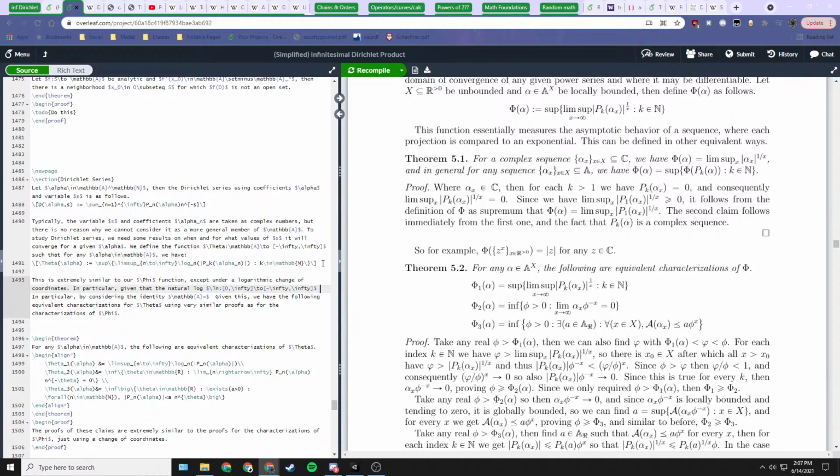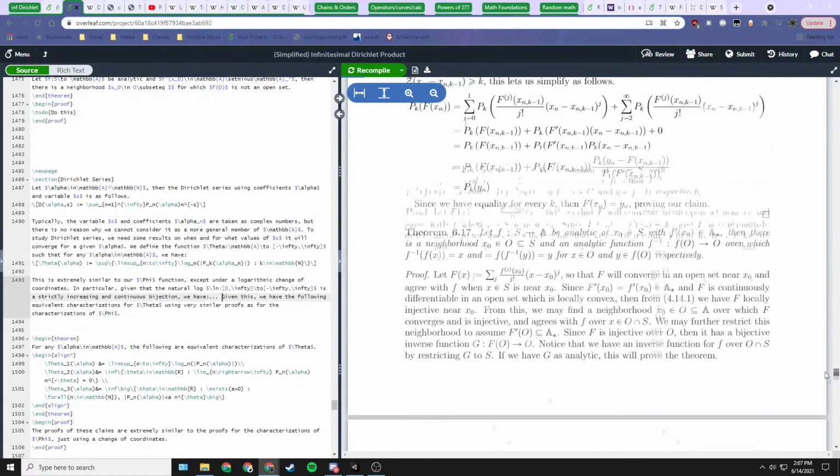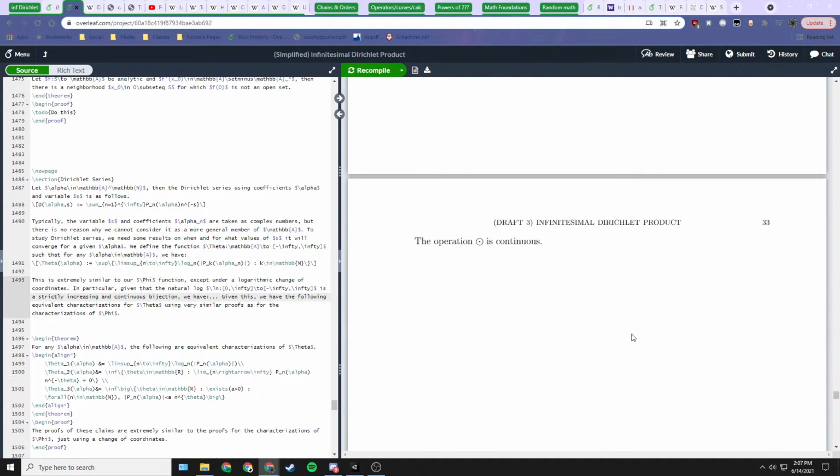Natural log is a strictly increasing and continuous bijection, we have, let me pop back down right here.